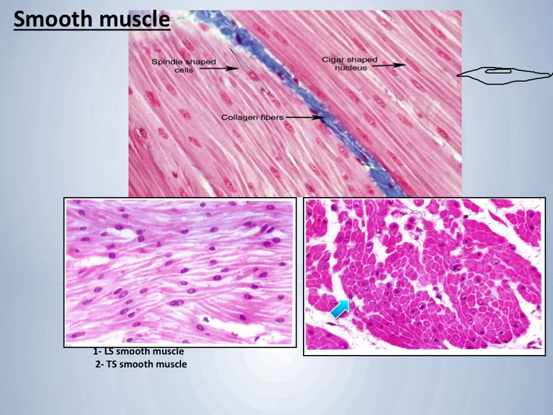Here we have a different picture for the smooth muscle. It is transversely cut. And of course, when this spindle is cut in the periphery, you will have a small circle. When it is cut in the center, you will have a much bigger circle, and you will notice also in some of them the nucleus. On the other side, which is also small, you will have a small section.